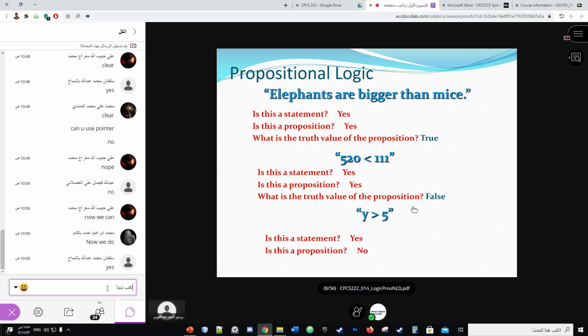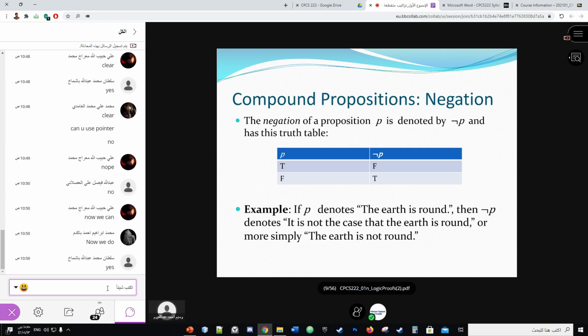We looked at some examples of propositional logic. We looked at four operators today. First, the negation operator, the not.